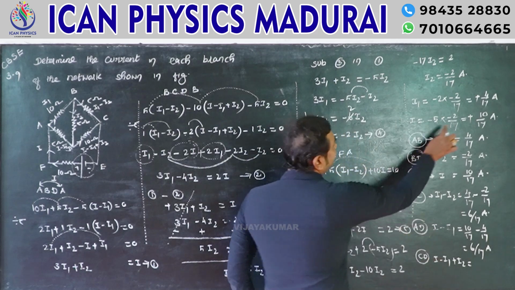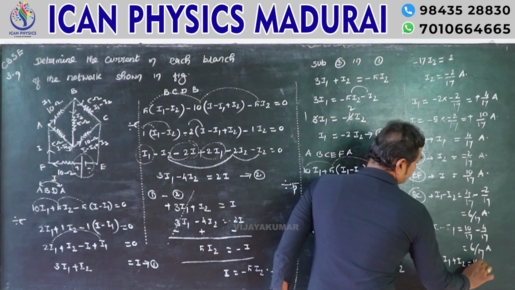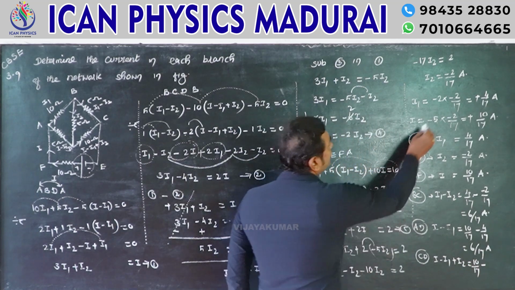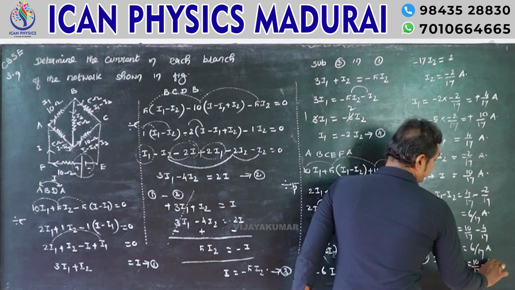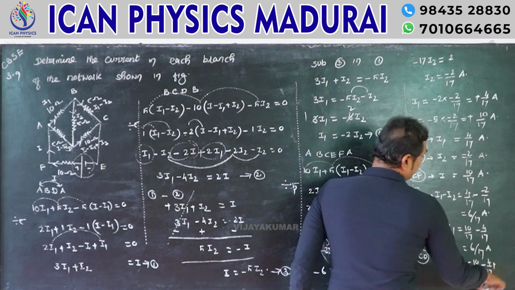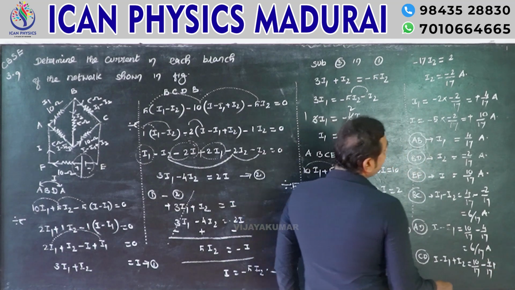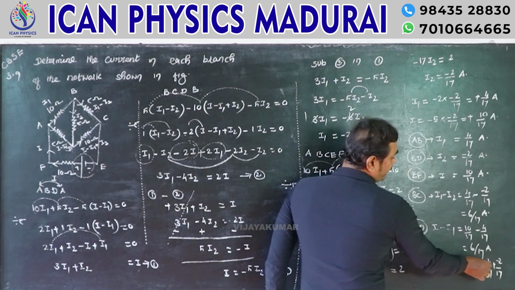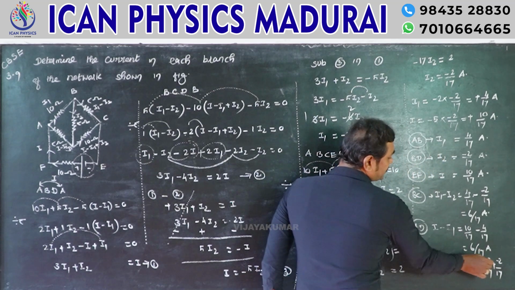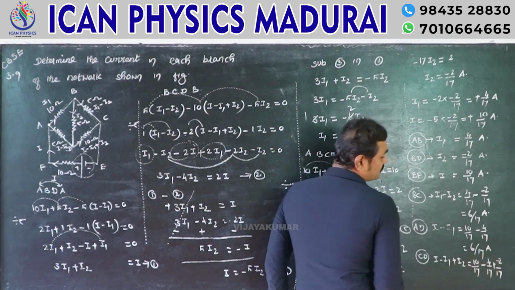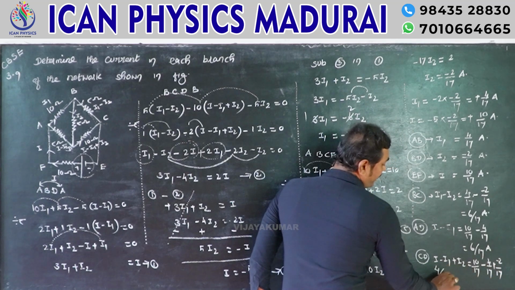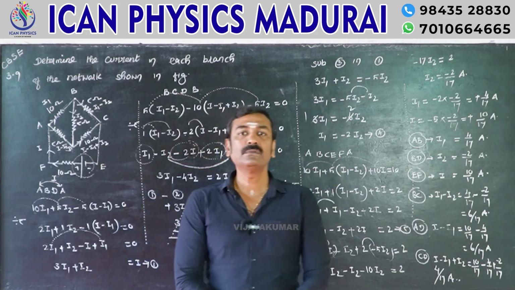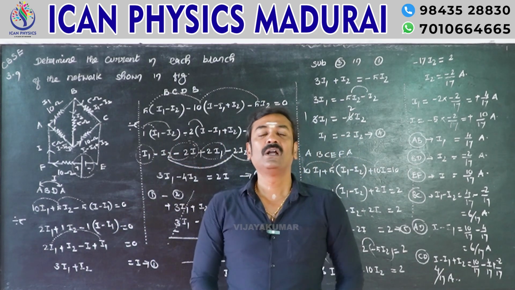So what is the value of I? 10 by 17, minus I1, 4 by 17, plus I2, minus 2 by 17. So 10 minus 4, 6. 6 minus 2, 4. So 4 by 17 ampere. Okay. Do you get it now? Do you have any doubts? No doubts.